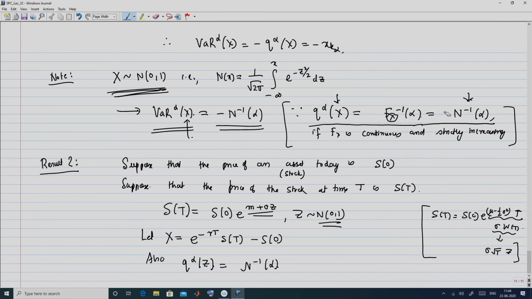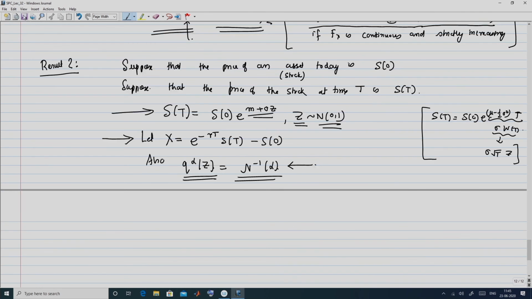That is how I got it, so the VaR was minus of this. So, please make this correction, this is actually plus of n inverse of alpha. So, I just reproduce this result here. We have three things now. We have S of T, a formula for that using geometric Brownian motion. Accordingly, we calculate the discounted gain, and since we have a z sitting here which we will need, we note that q alpha of z is equal to n inverse of alpha, from this result. Okay.